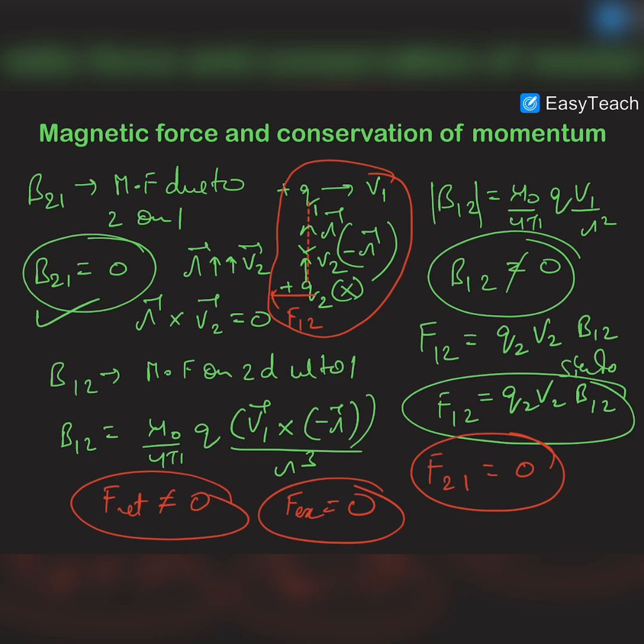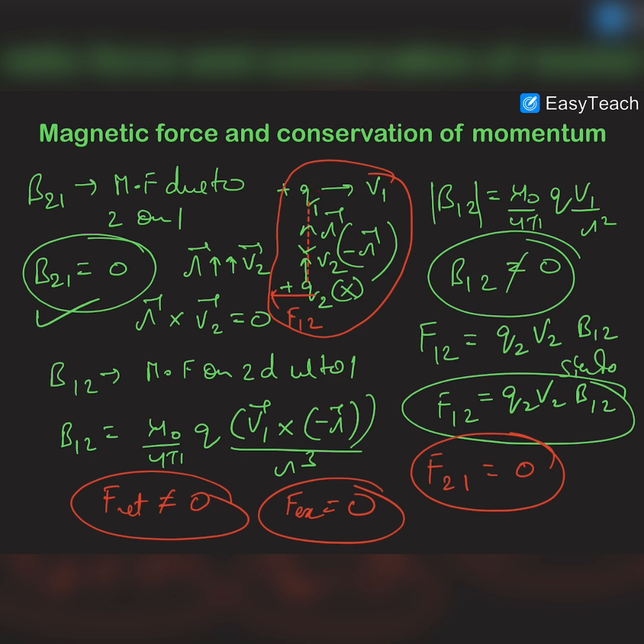So if we have to apply the conservation of momentum, or apply Newton's third law and check the validity of the action-reaction law, we have to consider electric forces also, and we can apply the law of conservation of angular momentum as well as linear momentum as well as Newton's third law for the net electromagnetic force acting on both of them.